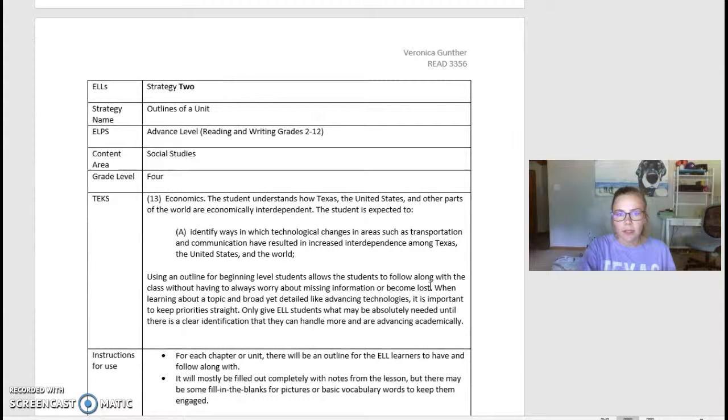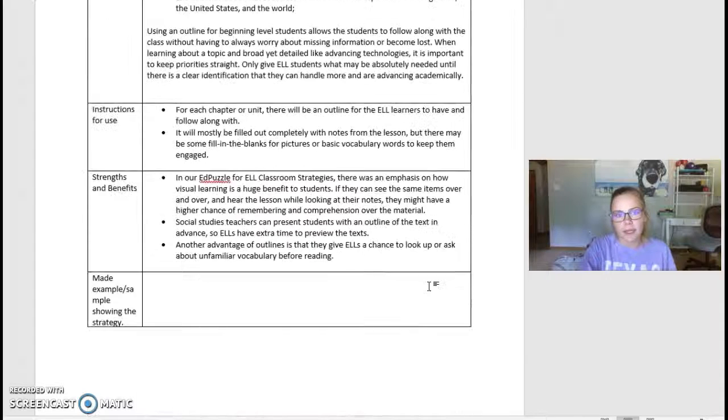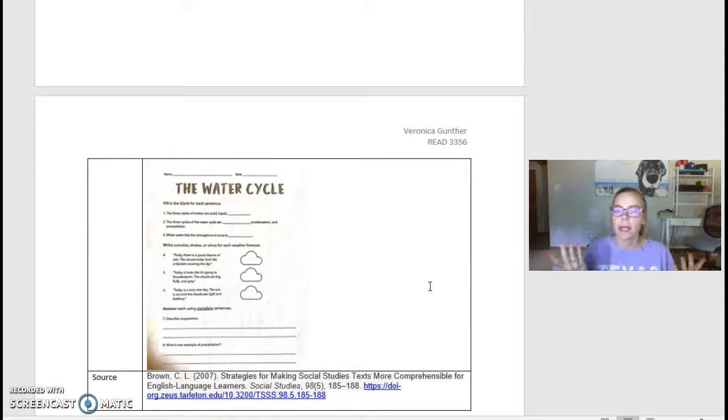The second strategy is just outlines of a unit. So basically when their students are taking notes, the ELL students will have a page or a packet, if needed, that is guided notes basically.